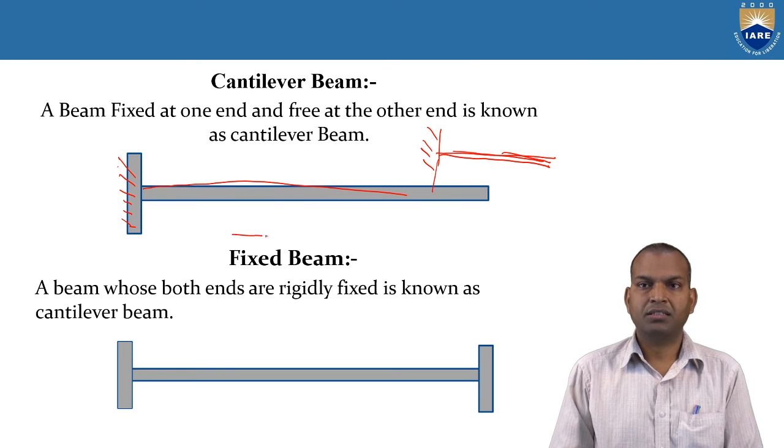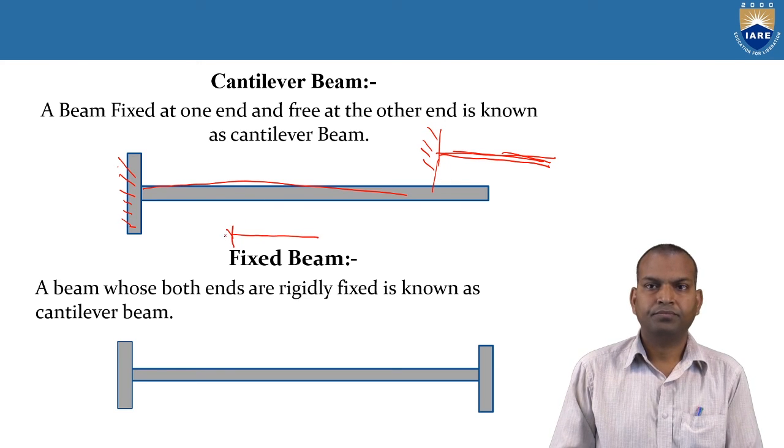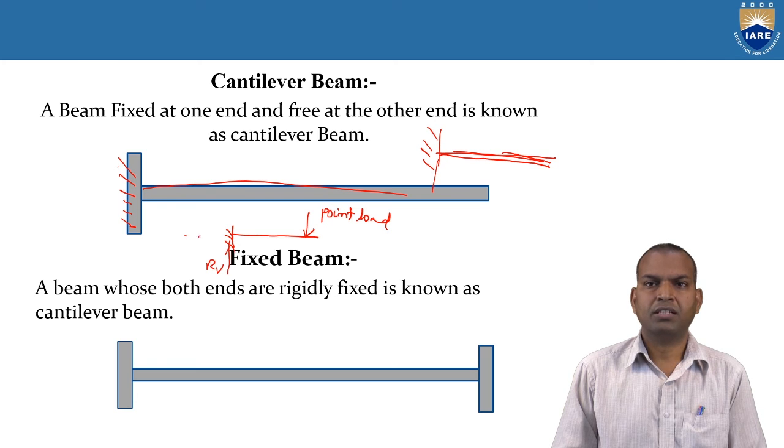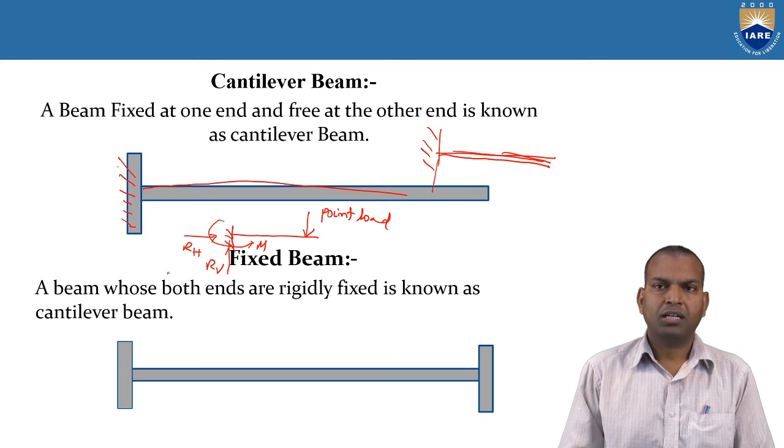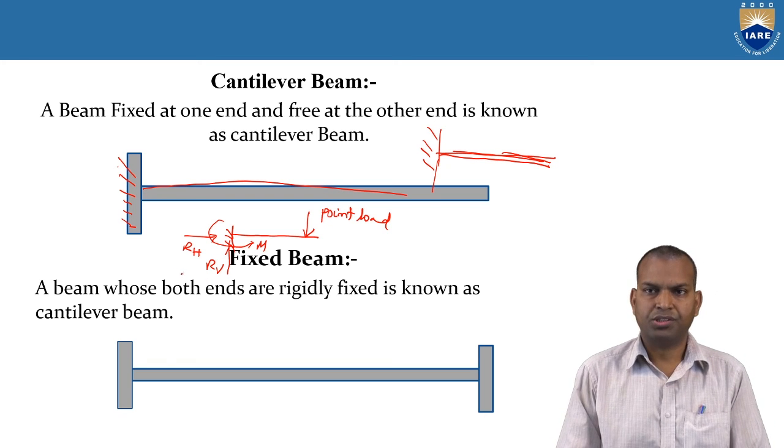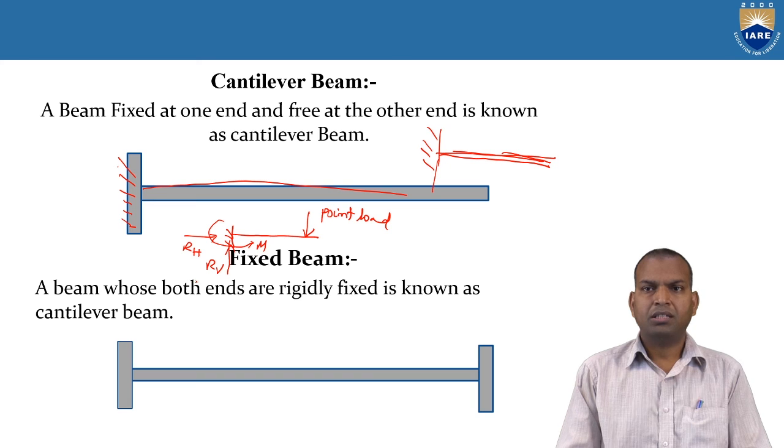Suppose a cantilever beam carries a point load vertically downwards. One reaction is vertically upwards, another is RH, the horizontal reaction, and the third is the moment reaction, because a fixed support consists of three reactions.